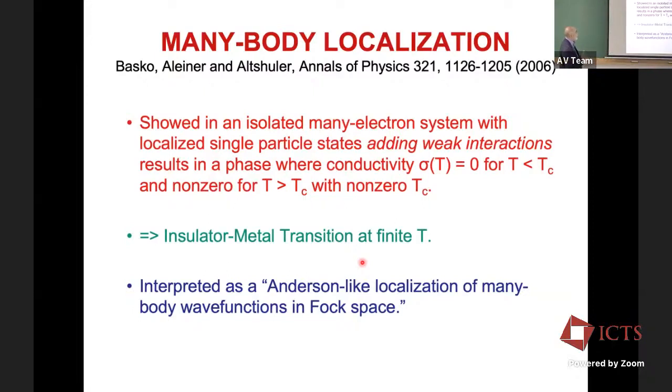If you add weak interactions, then you get a phase in which the conductivity is not only zero at zero temperature, but in fact is zero up to some critical temperature. Basically, they said this was an insulator to metal transition at finite temperature in a purely isolated electronic system. And they interpreted this transition as an Anderson-like localization of many body wave functions in Fock space occupation, so basically in second quantized space, as opposed to first quantized real space.